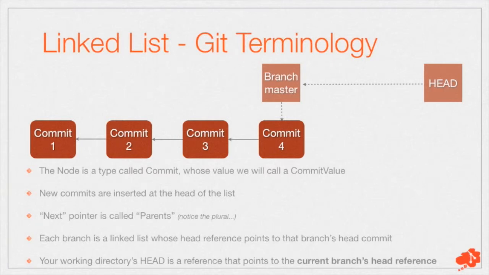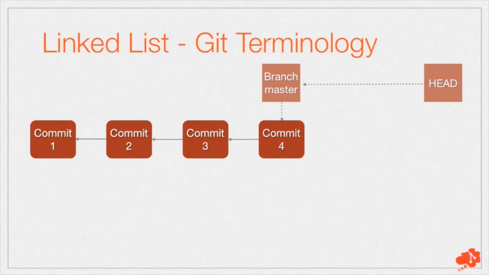In this case, the current branch is master, and head simply points to master. Given these applications of linked list terminology to Git, let's see how some common Git operations work.